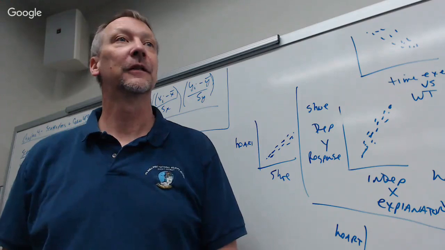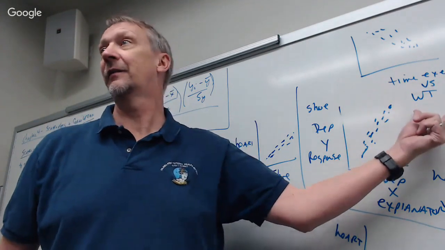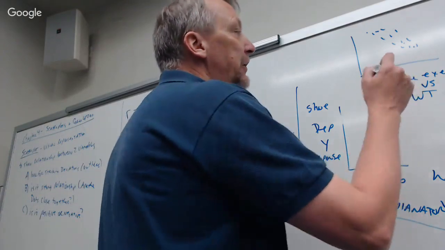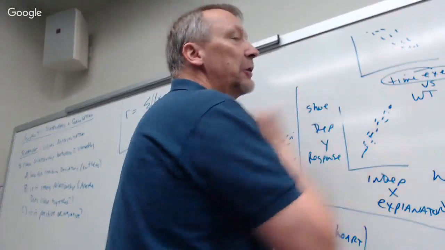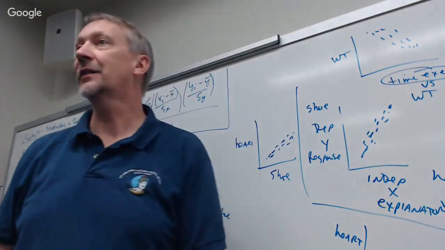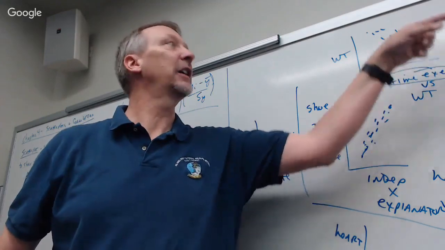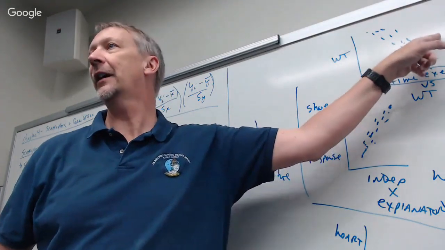What do you think? Time spent exercising would probably explain your weight, and so time spent exercising should be on the x-axis, and your weight should be on the y-axis, okay? People who spend more time exercising generally weigh less, correct?